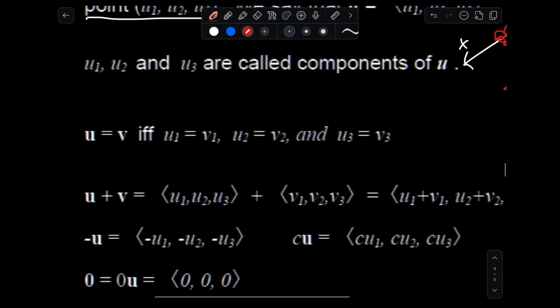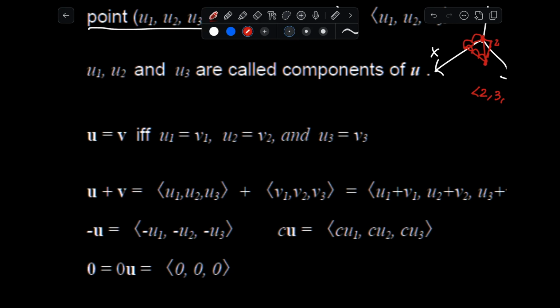And another cool property of vectors we talked about earlier is u equaling v, the vectors equaling each other, iff. This is like proof speak in calculus textbooks. It means if and only if.